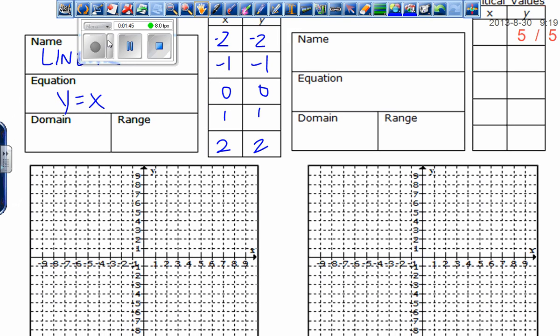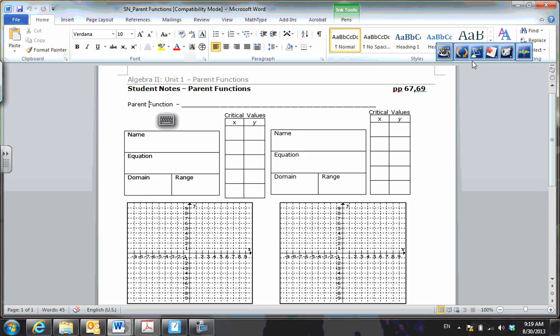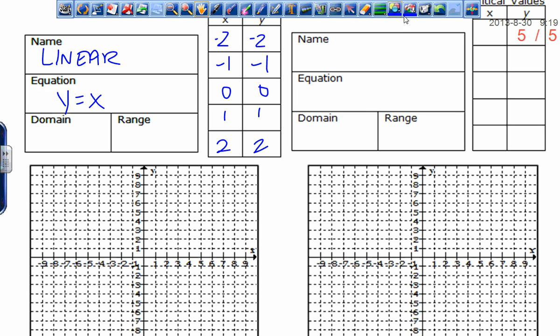What does my graph look like? It goes straight through the origin, both positive and negative. What that means is (0, 0), (1, 1), (2, 2), (-1, -1), (-2, -2).